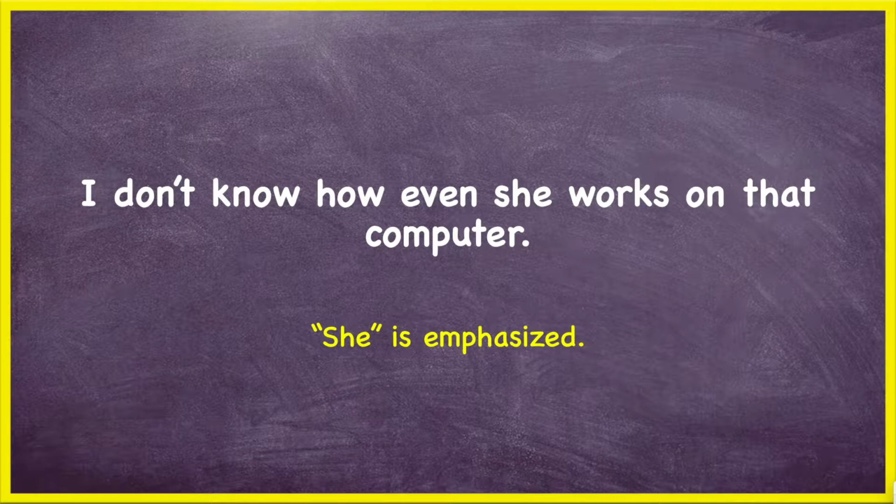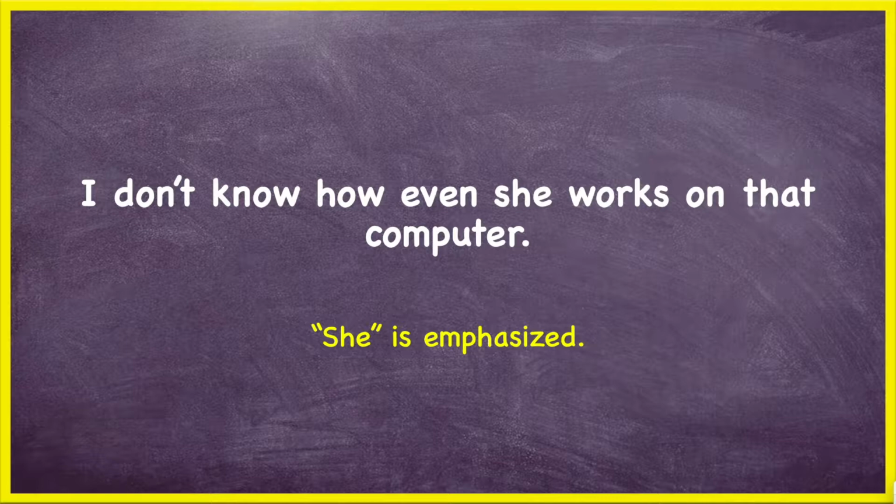So it's maybe that you don't know how anyone can work on that computer. But if anyone could do it, it would be her. But the computer perhaps is so slow that I don't even know how she would do it.